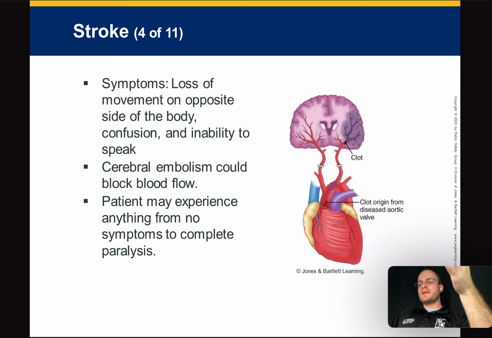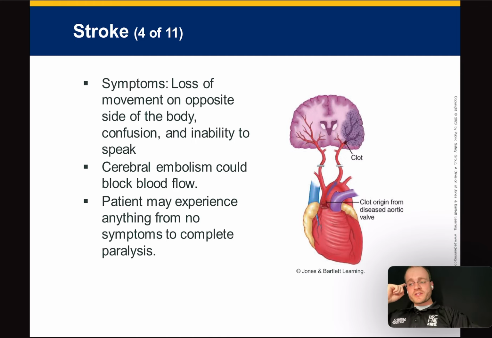Now, in a stroke, like an ischemic stroke, loss of movement on the opposite side of the body is what's common. You can also get confusion and inability to speak, okay? So how does this present? You get loss of function on the opposite side of the body. So let's imagine that I am having a right-sided stroke, so the right side of my brain is dying.